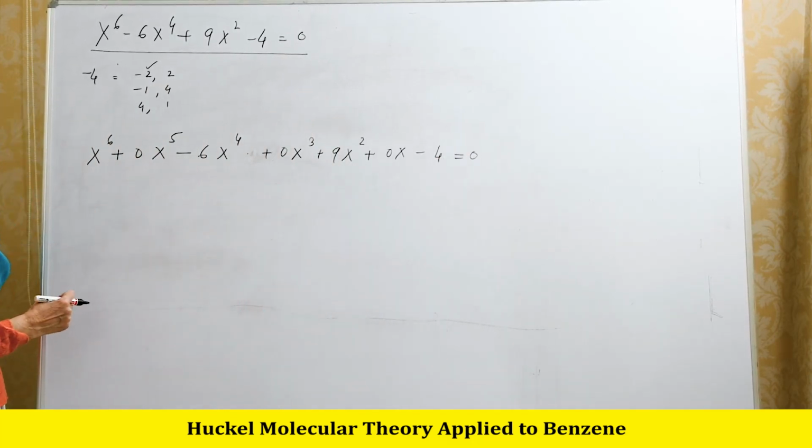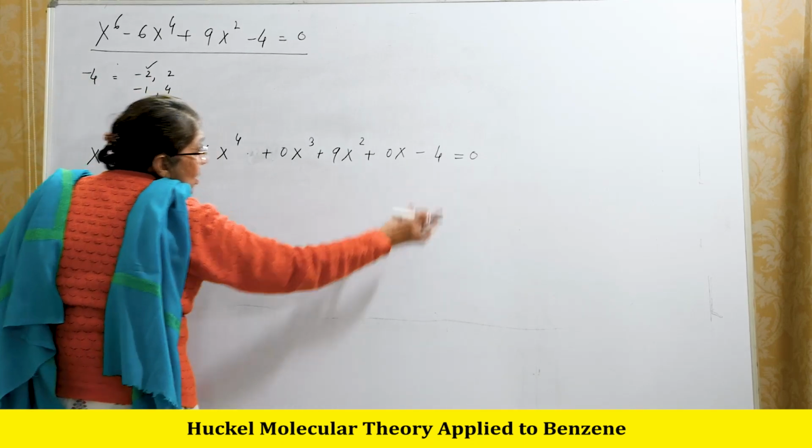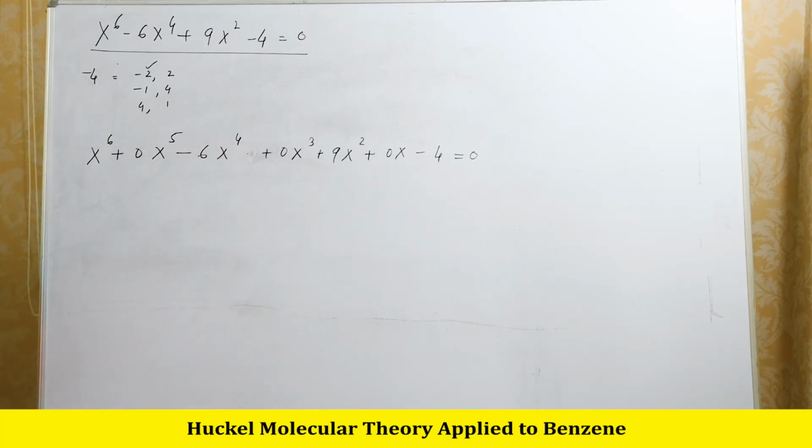And suppose I am taking the factor minus 2, and if in the last there is 0, this means that this factor is a root of this polynomial equation.